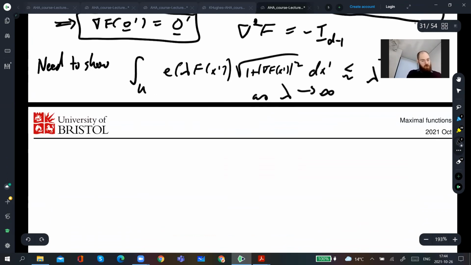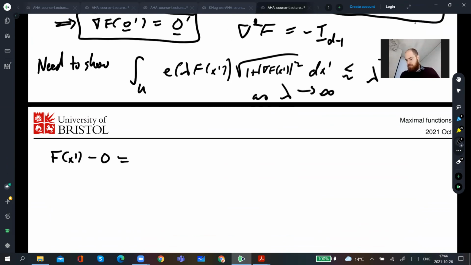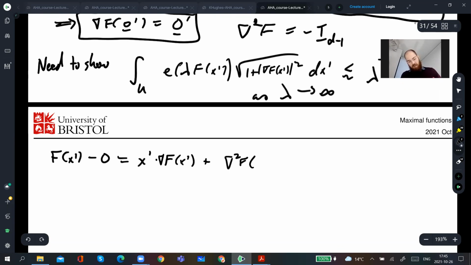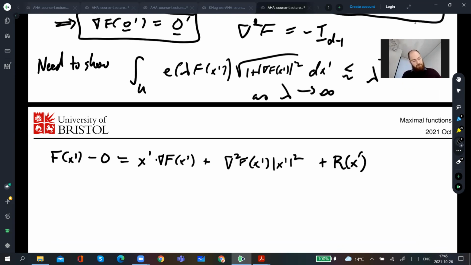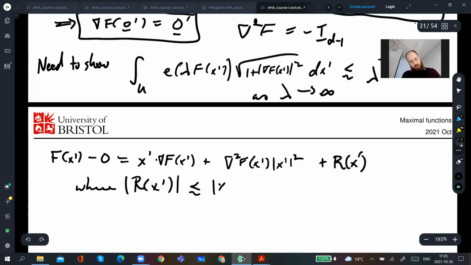And to do this, at the moment we have f of x prime minus 0 is going to be x prime dotted with the gradient of f at x prime, plus basically the Hessian of f at x prime times x prime squared, plus some r of x prime, where r of x prime is less than the norm of x prime cubed.